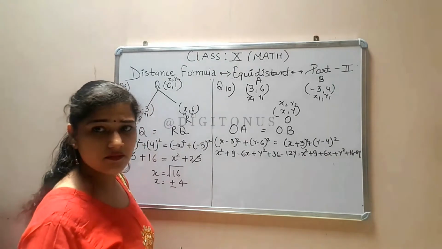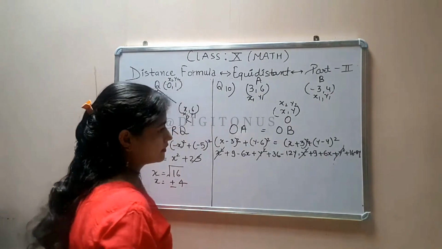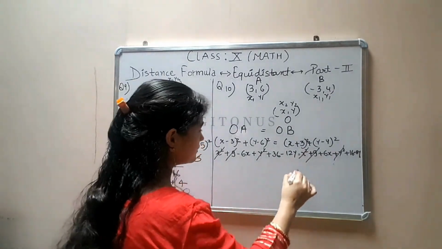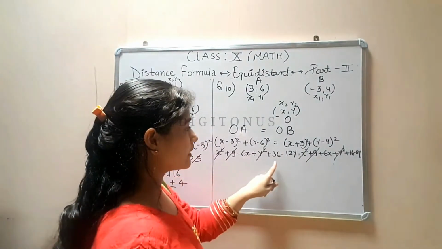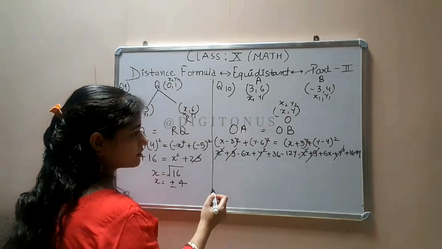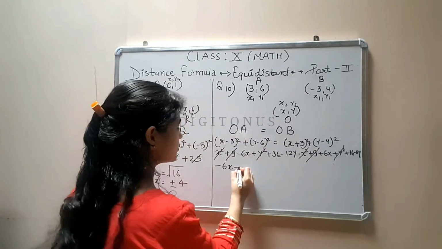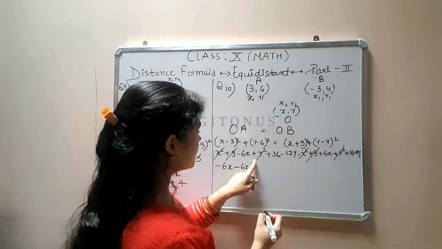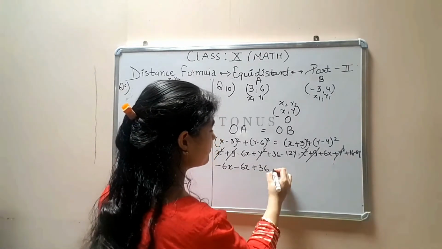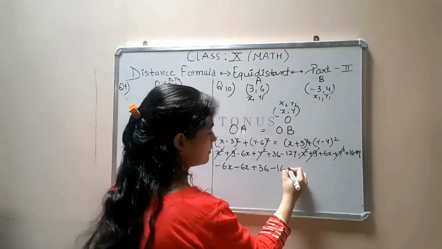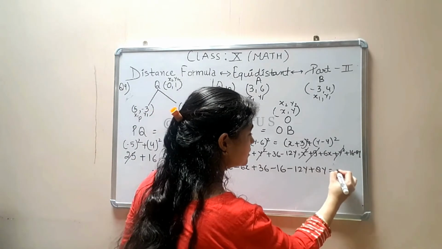Okay, now we can see what can be cancelled here: x square and y square. Plus 9 terms have different signs, so we cannot cancel them. Okay, so let's start: minus 6x and plus 6x, so it will be minus 12x. Okay, and plus 36 and minus 16, minus 12y and plus 8y equal to 0.